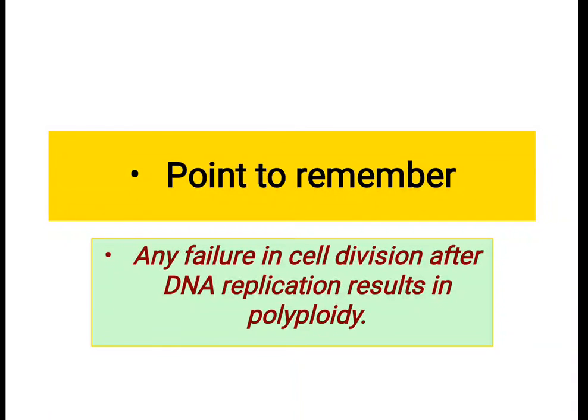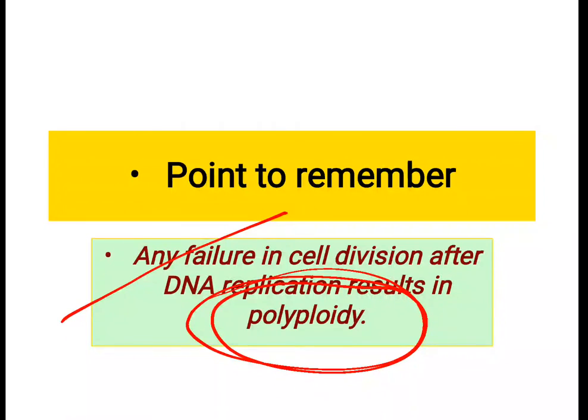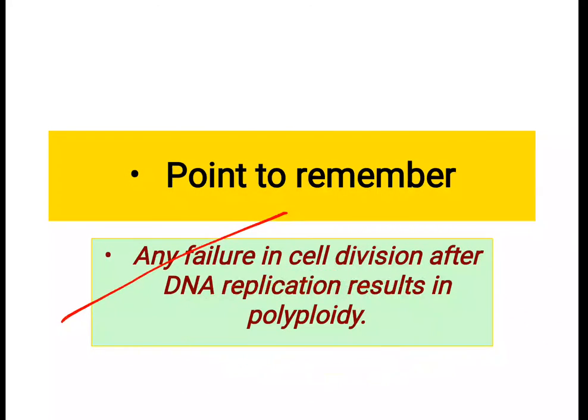And if there occurs any failure in the cell division, because I told you in the starting that DNA replication occurs in the S phase of the cell cycle, which is intermediate between two actual divisions, and if by chance due to any reason known or unknown the cell division does not occur, this leads to the process of polyploidy, because the replication has occurred but the new cells have not been formed.